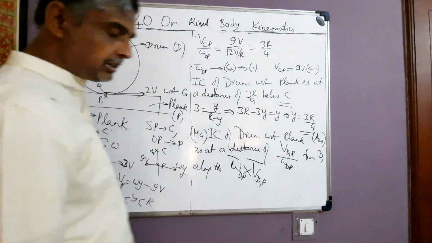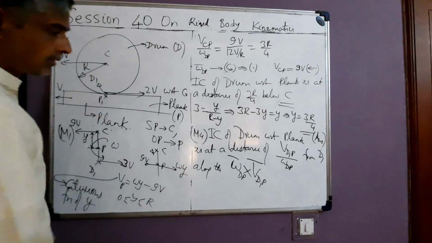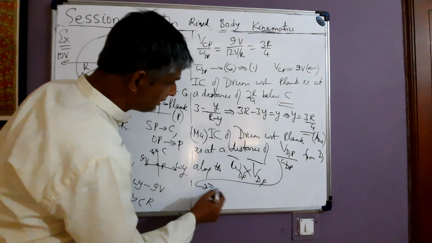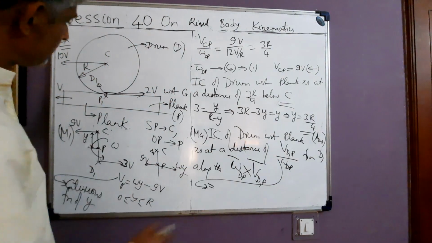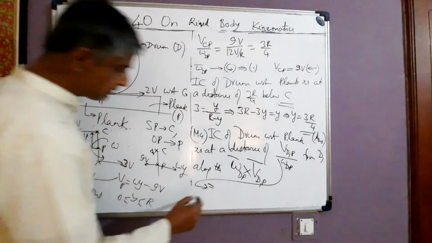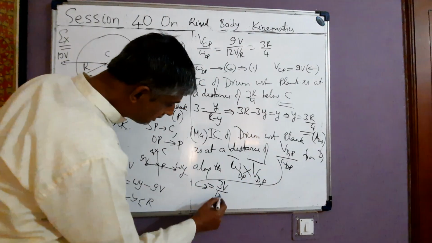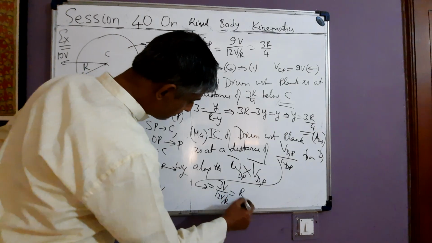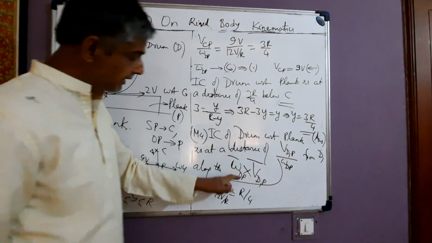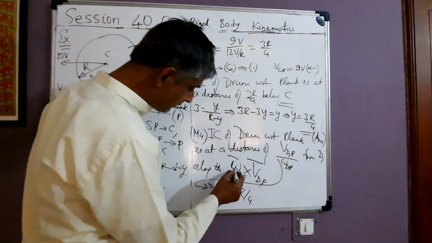So now we determine this quantity, V D1P by omega DP. V D1P, as we have determined, is how much? 3V, right? And omega DP is the same as omega DG, which is 12V by R. This becomes simply R by 4 along the direction omega DP cross V D1P.